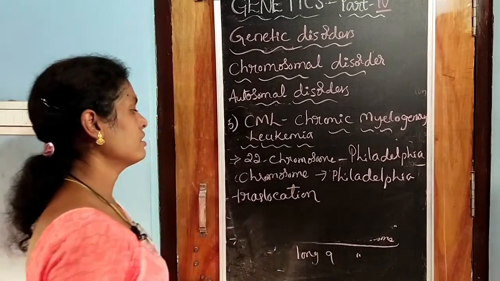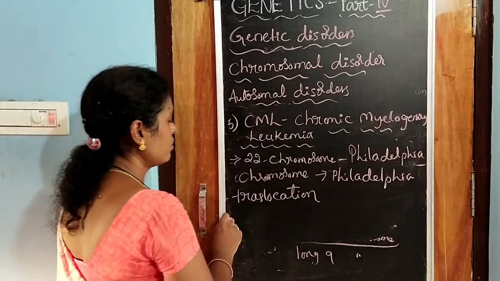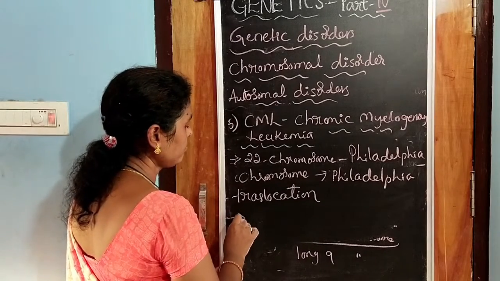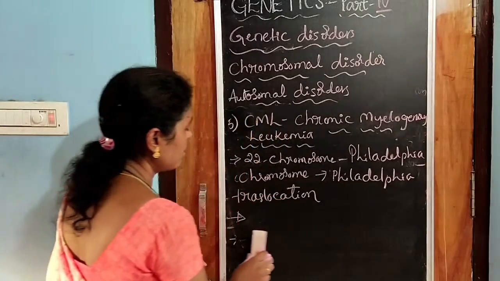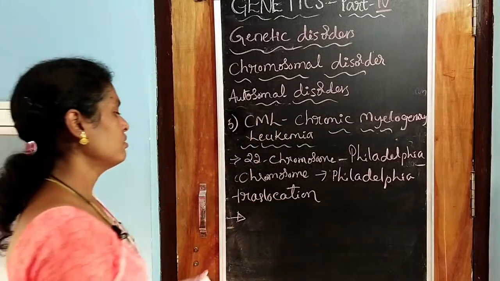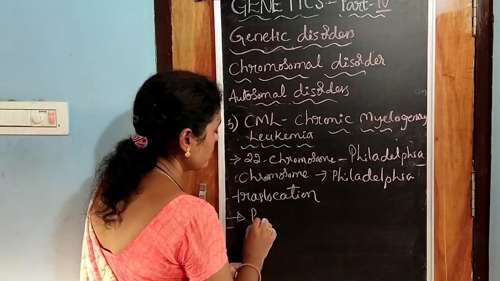This Philadelphia chromosome produces an enzyme called tyrosine kinase.